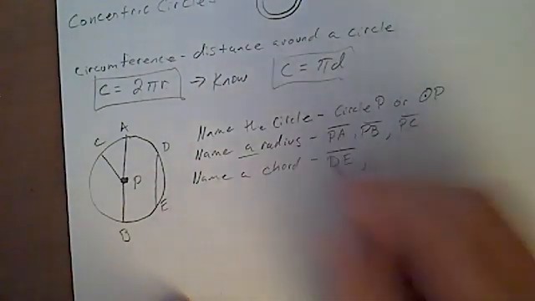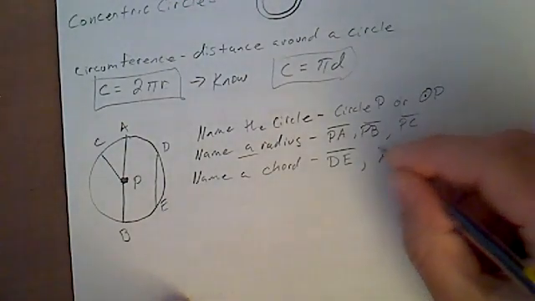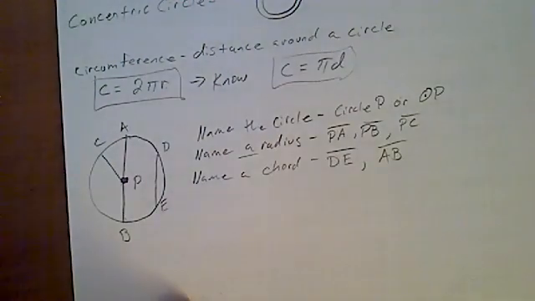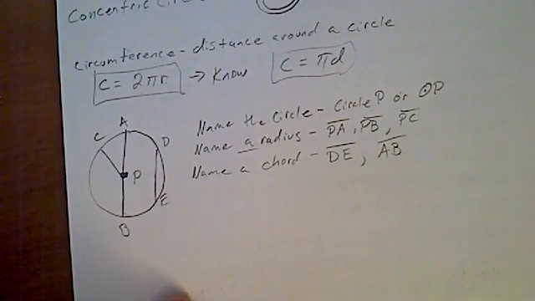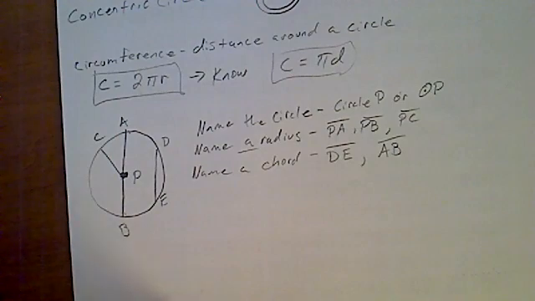But since it just says name a chord, you could also use the chord AB, being a diameter, it's also a chord. If it asks for the diameter, AB would be your diameter, or BA.